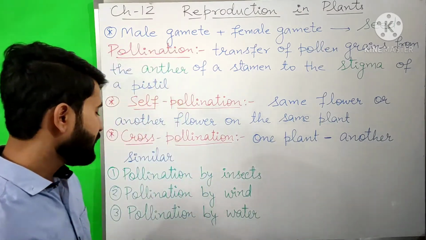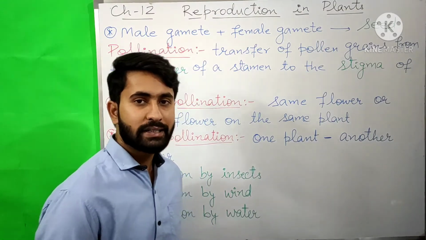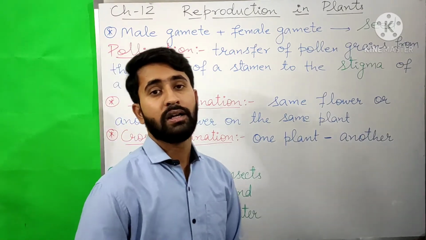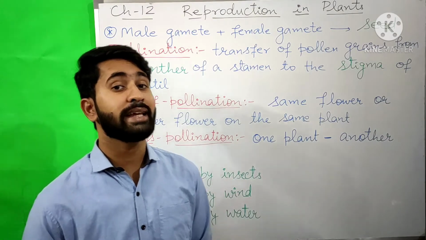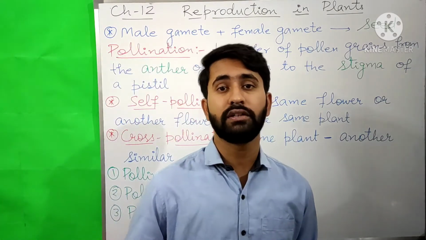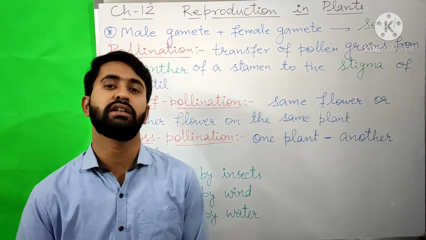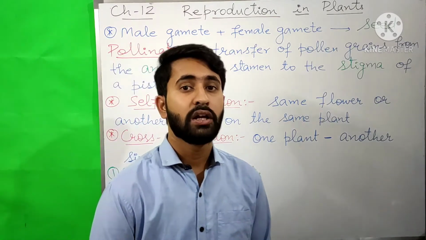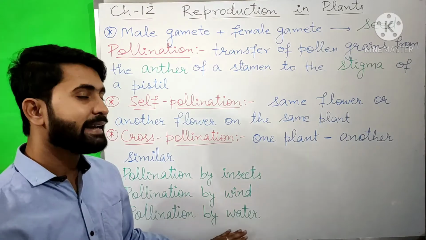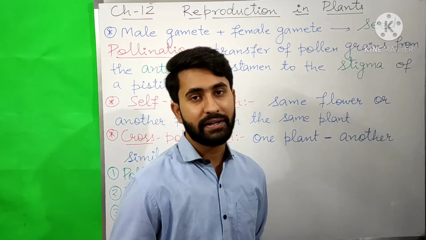The pollination in aquatic plants is done by water. Since the pollen grains are light in weight, they can be easily transferred from one flower to another flower. And the example of a plant in which the pollination is carried by water is hydrilla.